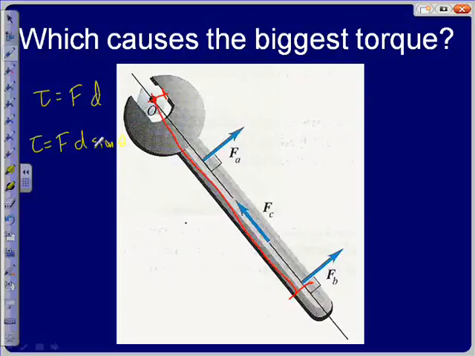The sine theta part takes care of the perpendicular component of that force. So when we include it in that formula, that automatically gives us the perpendicular component. You don't have to break it up into components. Including sine theta in that formula automatically does it for you. Okay. Good there? Questions?